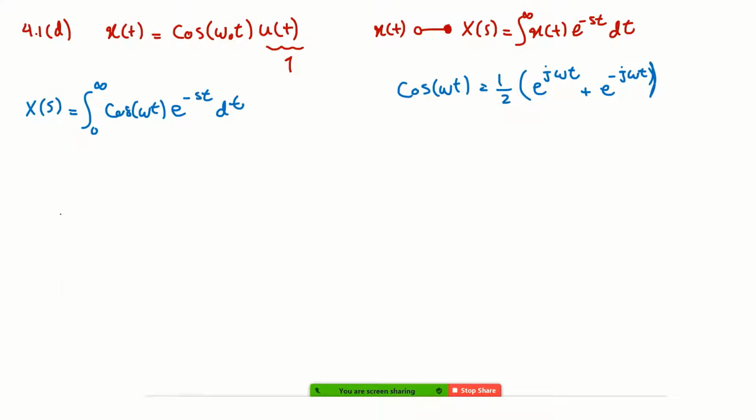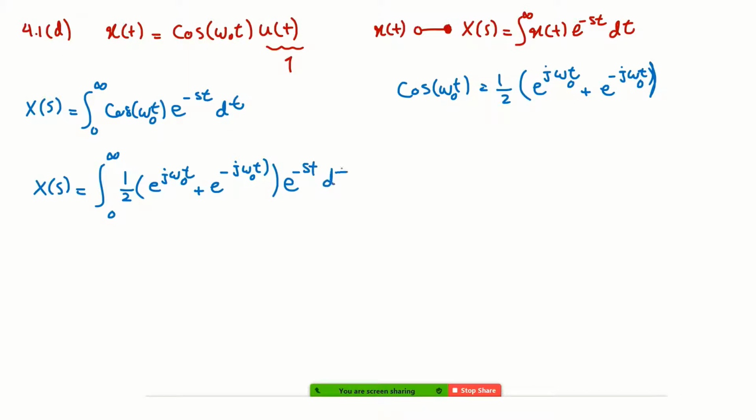So I replace that here, then we have X(s) equals the integral from 0 to infinity of, instead of cosine, I write the Euler equation, 1 over 2 times e to the power of j omega t plus e to the power of minus j omega t. This is omega 0, of course. Times e to the power of minus st dt.